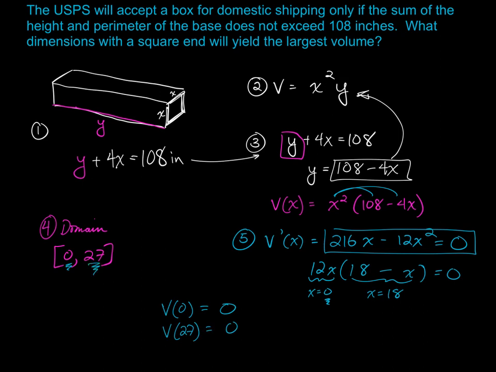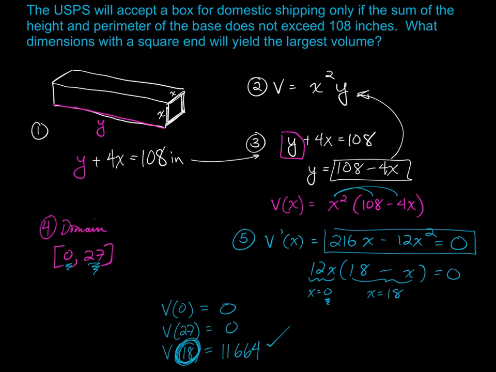That comes from this 27 over here. 108 minus 4 times 27 gives you 0. So 0 times this thing, whatever it is, is 0. The only other number we have left is 18, so I'm guessing that has to give us the maximum. So let's see what that is. V of 18 will be equal to 11,664. So this x is our answer.